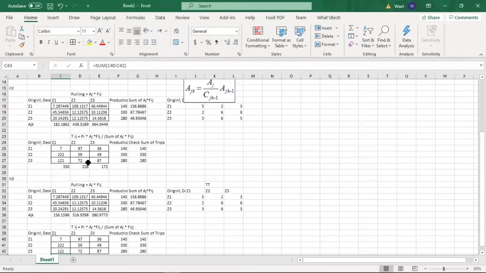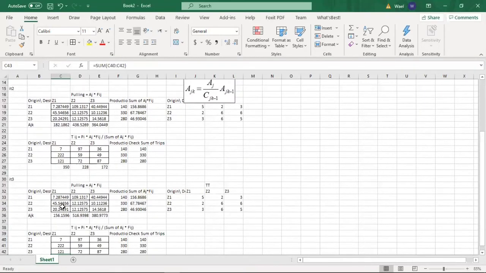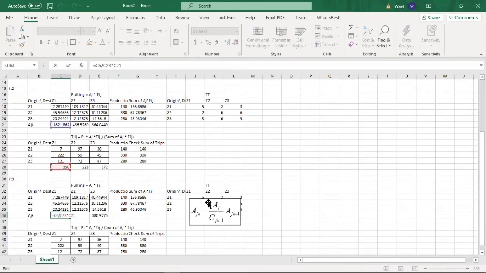There is something wrong here. So this one is 150. Hold on a second, let me just review this. So that's AJ. Okay, this is AJ, that's the 300, multiplied with AJK, divided by 350.